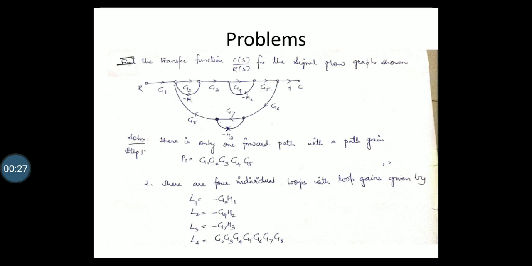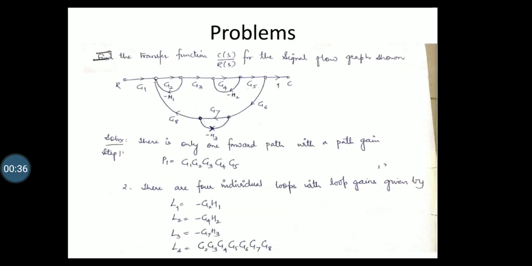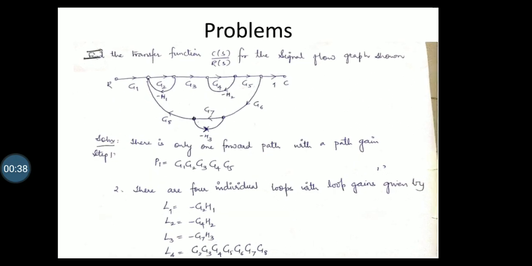You see how many forward paths there are. If we see the diagram, there is only one forward path, and we'll write its path gain.